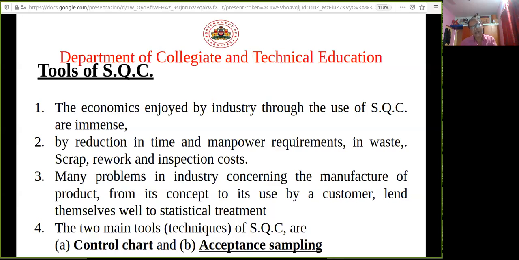As I have told you in previous sessions, acceptance sampling, as the name indicates, is a sampling plan. Basically it is used in mass production.